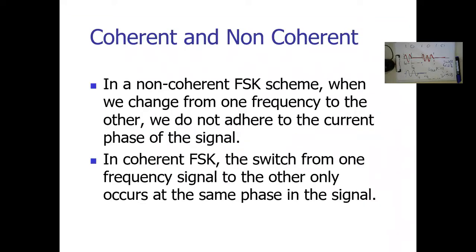We also have 2 types of frequency shift keying: coherent frequency shift keying and non-coherent frequency shift keying. This depends on the number of cycles with respect to the bit duration. So to illustrate it in a better manner, let's go to this example.